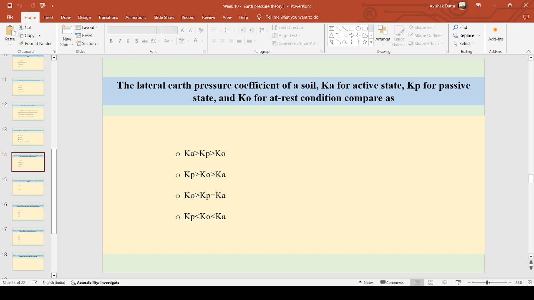Option 2, Kp more than K0 and K0 more than Ka. Option 3, K0 is more than Kp and Kp equals to Ka. And option 4, Kp is less than K0 and K0 is less than Ka. Alright, go to the next question.